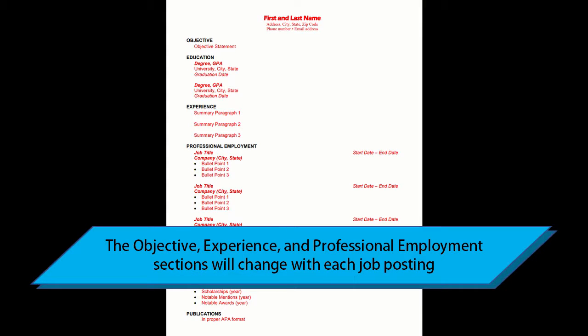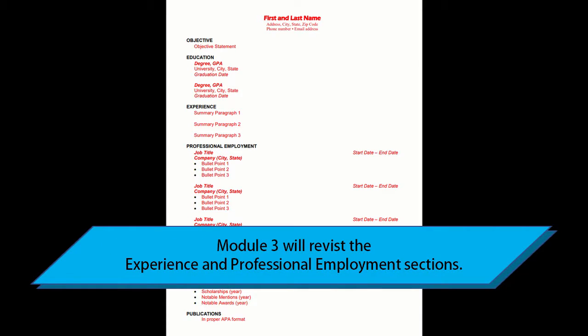Remember that the sections objective, experience, and professional employment will change with each job application. How to modify the objective for each job application was covered in this video. How to modify the experience and professional employment sections for each job application will be covered in Module 3.